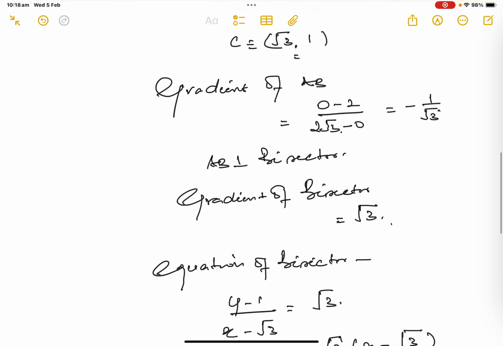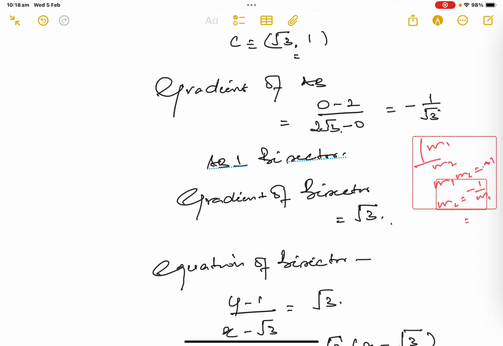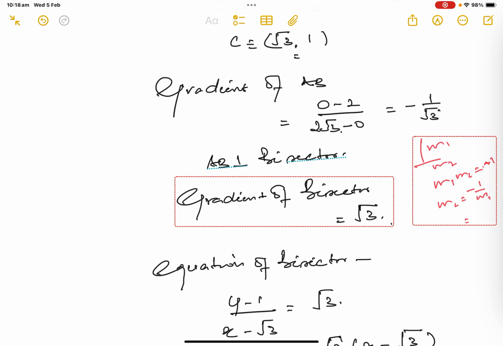AB and the bisector are perpendicular, of course. So we know that m1 times m2 equals minus 1. Therefore, m2 equals minus 1 over m1. m1 is minus 1 over root 3, therefore m2 is positive root 3.